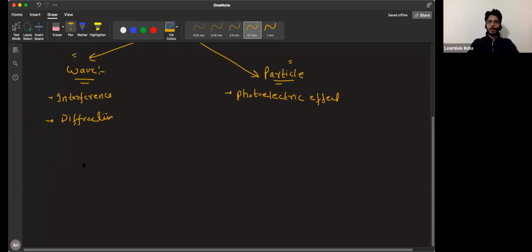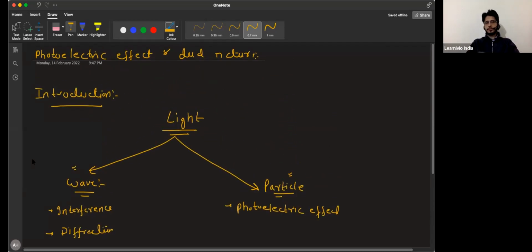So we start the particle theory with the concept of, we will do some basic physics first, just note it down.